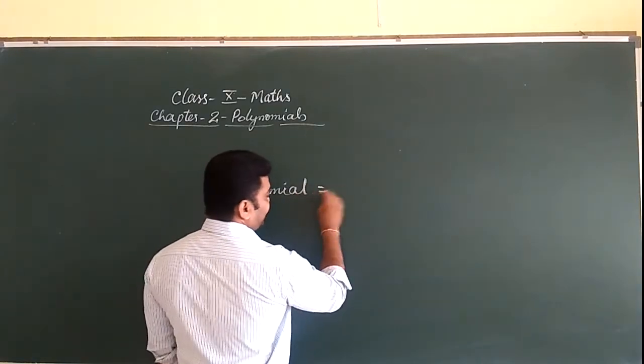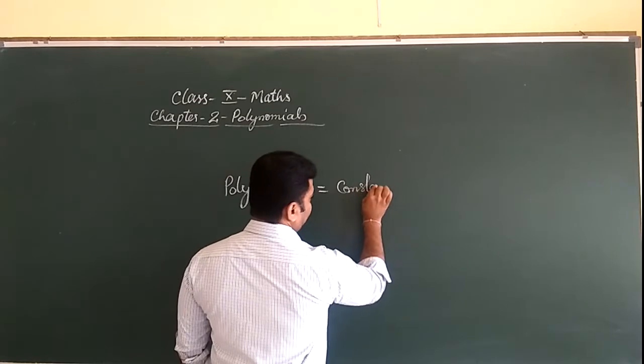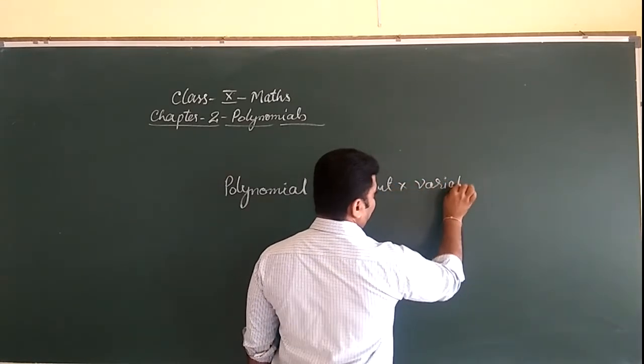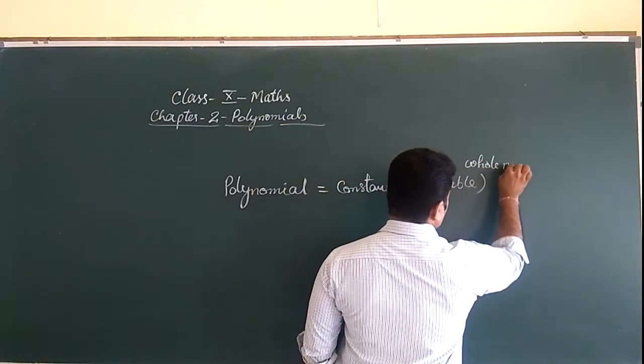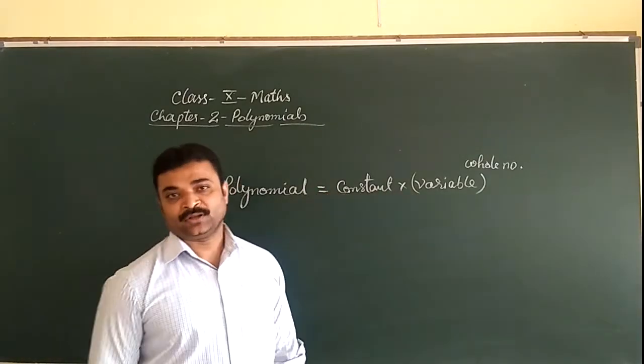A polynomial is a constant into a variable to the power of a whole number. Constant into variable to the power whole number.